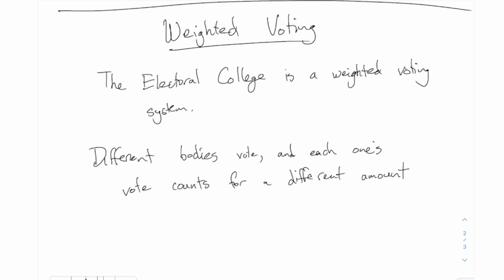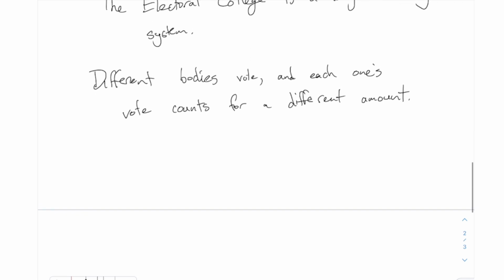This is what a weighted voting system means. All right, and these amounts are called the weights. They're not called that in the Electoral College, but when we talk about weighted voting systems, we're going to call those the weights. It's like how many points you get from each of the different actors in the election.